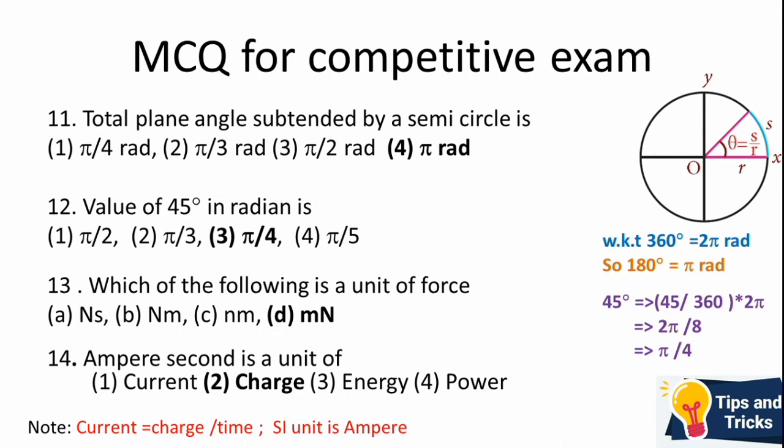So the option D small m into capital N, which is millinewton. So the correct option is option D. So Newton meter is not a unit of force. So now let us take Question number 14.